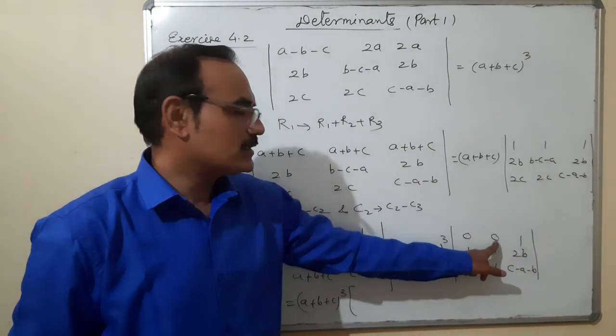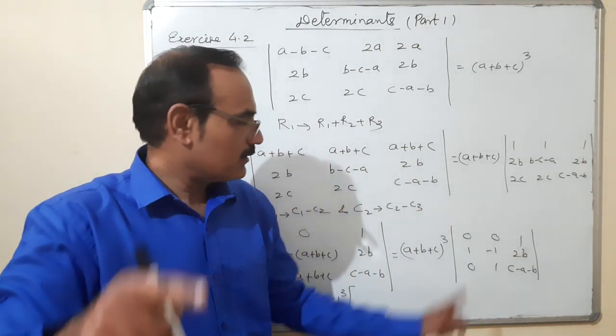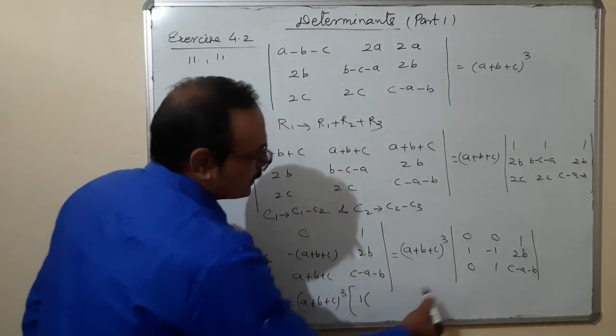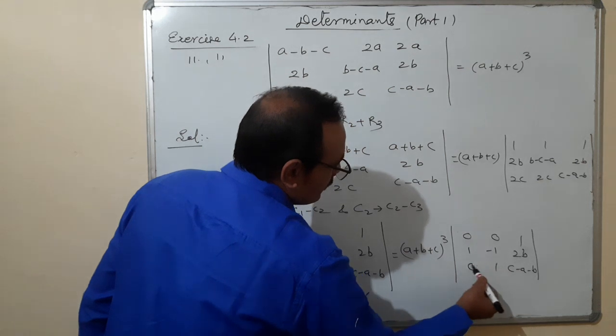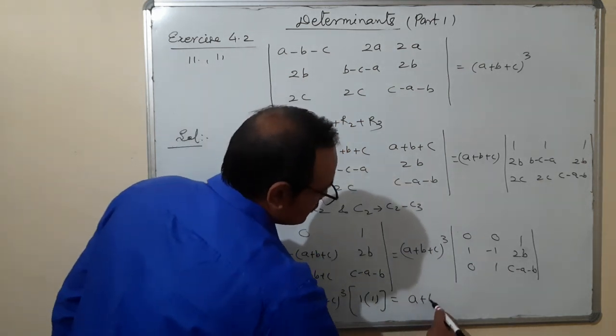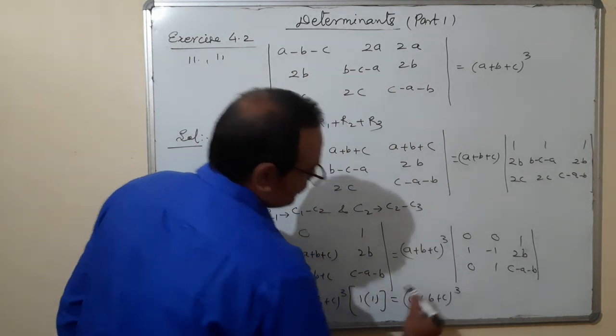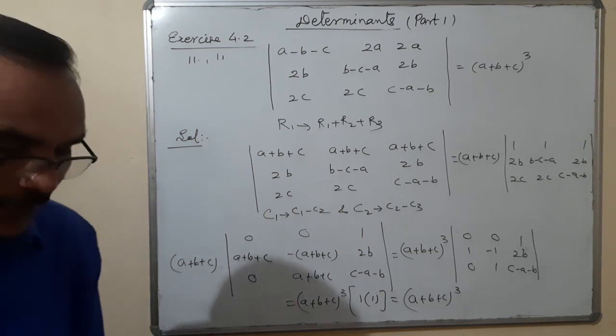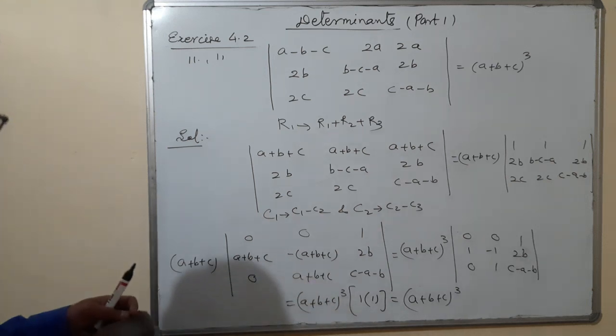These two elements are 0. I am expanding row wise, R1, R2, 0, R3. Only taking R3, leaving this column and row, 1 minus 0. So it is 1. So finally the value is A plus B plus C whole cube. Okay. So that is one of the important questions of this exercise.